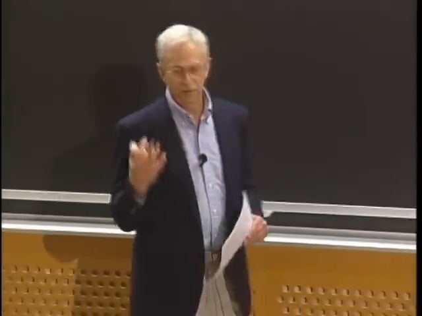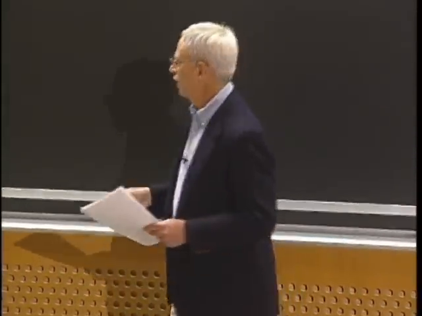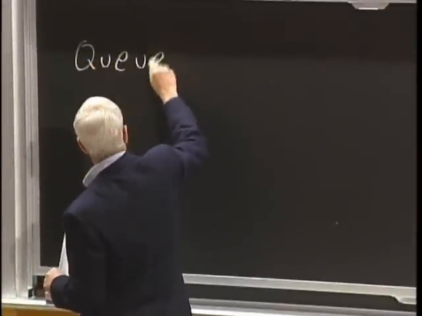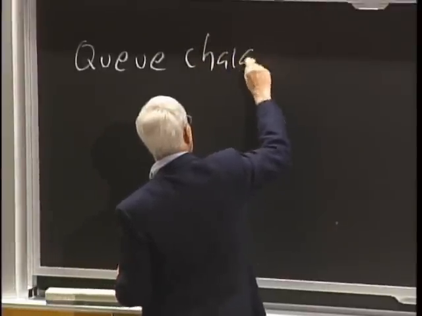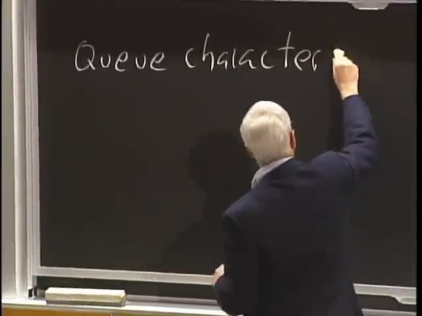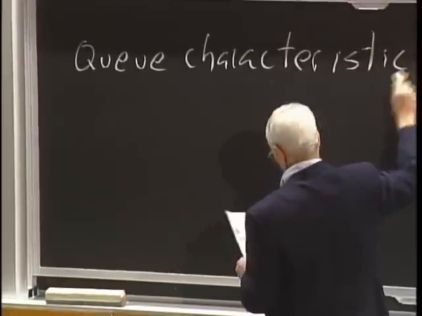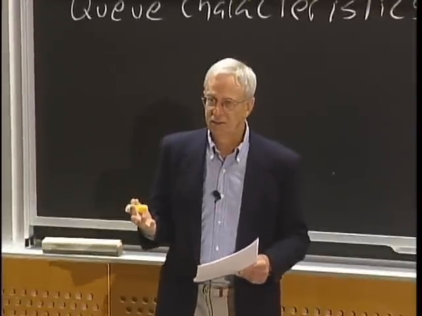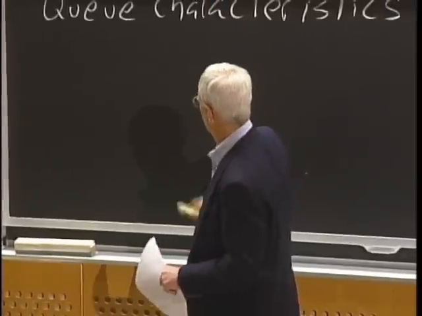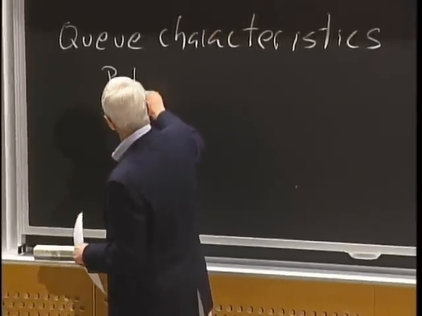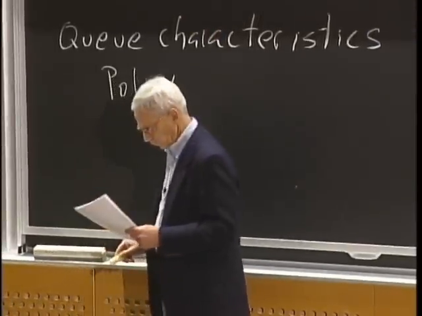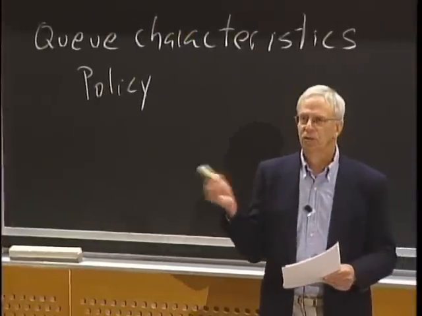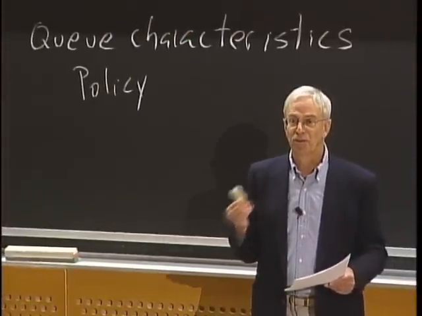An important part of the architecture is, of course, the characteristics of the queue itself. The fundamental question is the policy. How, from the set of customers waiting for service, do we choose the customer to be served next?